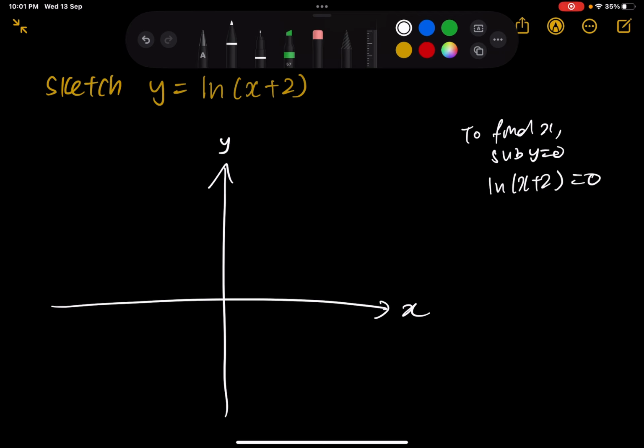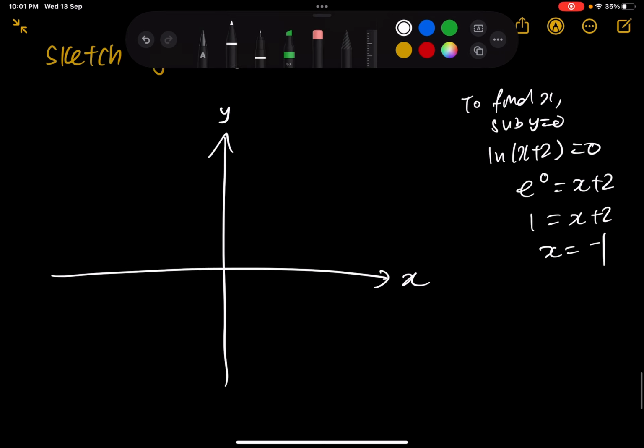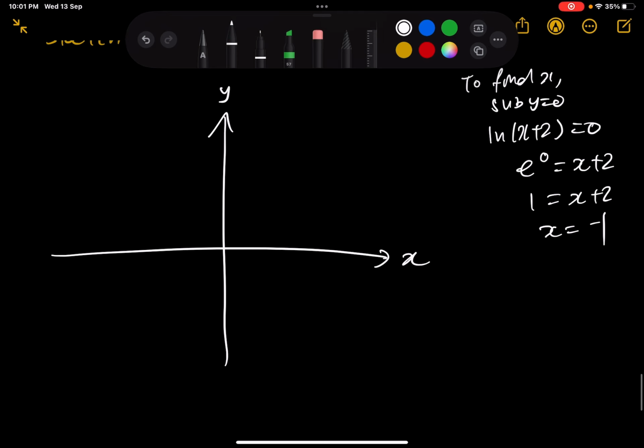I change it to exponential form, because the base is e. So it's going to be e to the power of 0 equals x plus 2. e to the power of 0 is 1, so x equals negative 1. That means it will cut here, at negative 1. So I'll draw it like that. Rocket shape, negative 1.